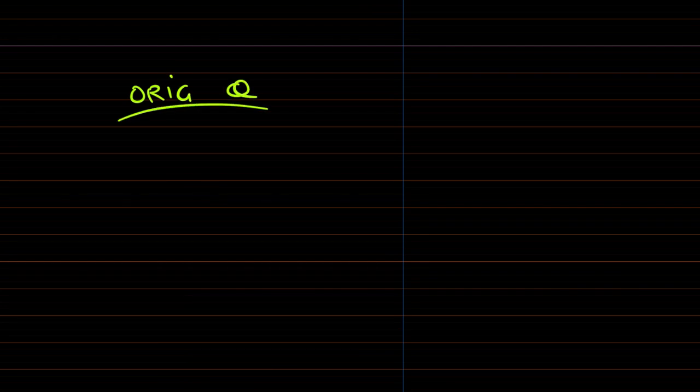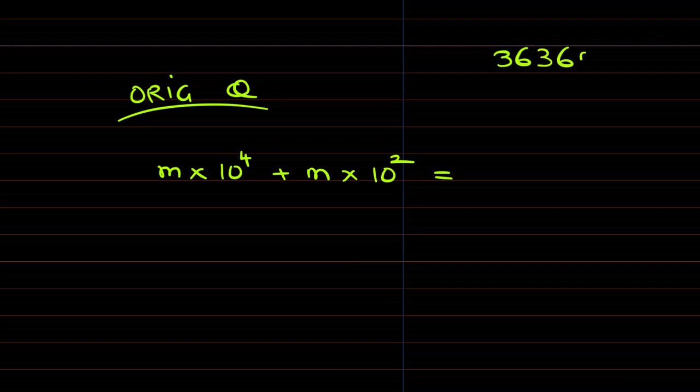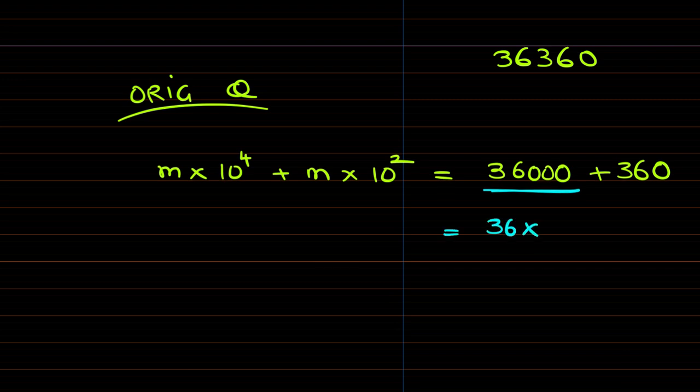What is the original question? The original question is m into 10 raised to power of 4 plus m into 10 raised to power of 2 is 36360. I can write this thing as 36,000 plus 360. Let me break this up. 36,000 is 36 into 1000 and this is 36 into 10.